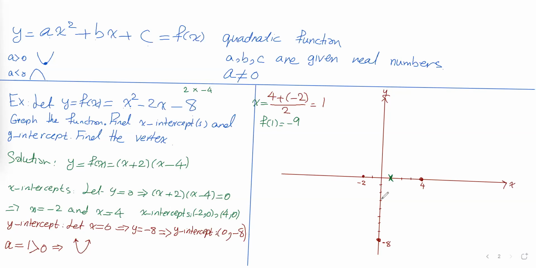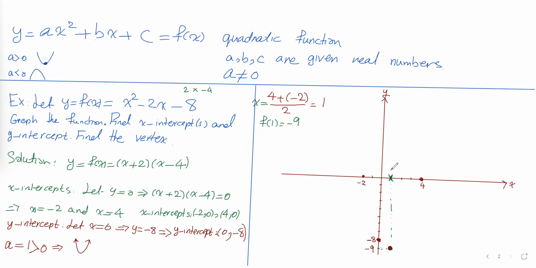Now let's find -9 here. -9 is here. So 1, -9. I got another very important point. Now I have 4 points, but this is the most important point here.